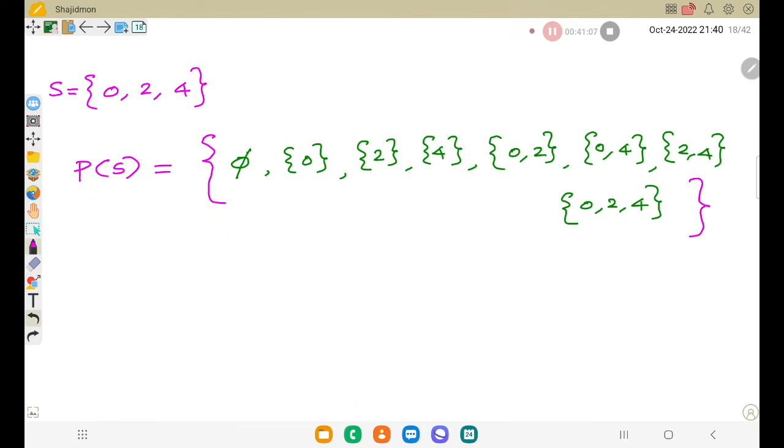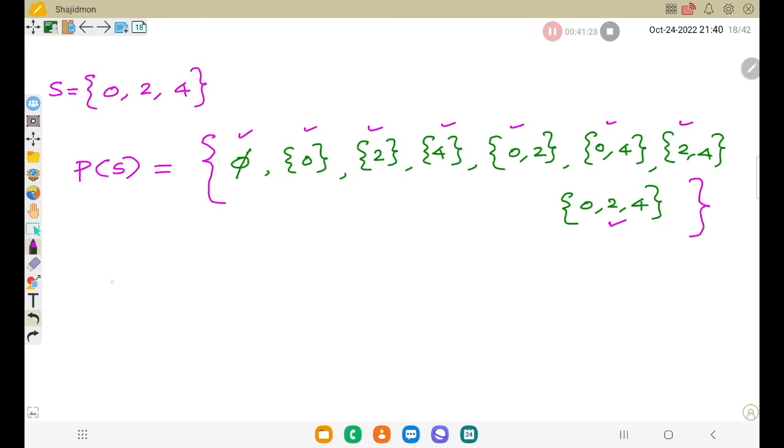Now this collection, this total set, how many elements are there in this power set? This is 1, 2, 3, 4, 5, 6, 7, 8. Correct? This collection of 8 subsets we are calling the power set of the set S. So how can we find how many elements are there in the power set?